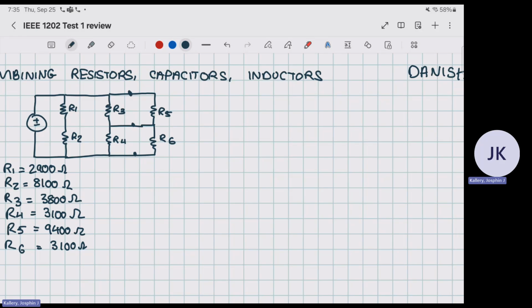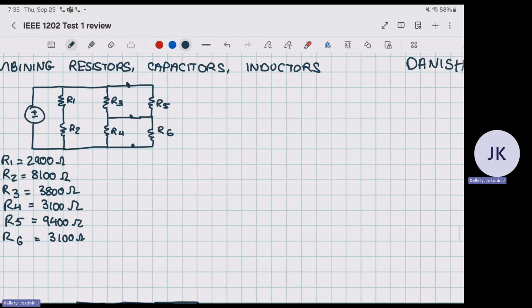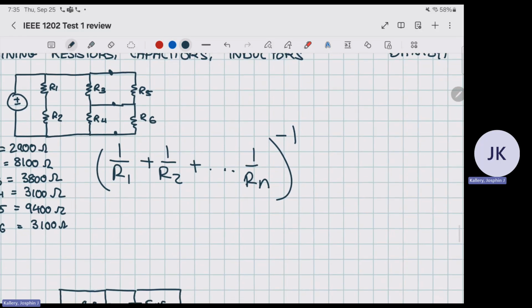We will find the equivalent resistance of R3 and R5. We can see that they share two nodes, so they are in parallel. The formula for parallel is 1 over R1 plus 1 over R2 plus dot dot dot 1 over Rn, and then you find the inverse of it.